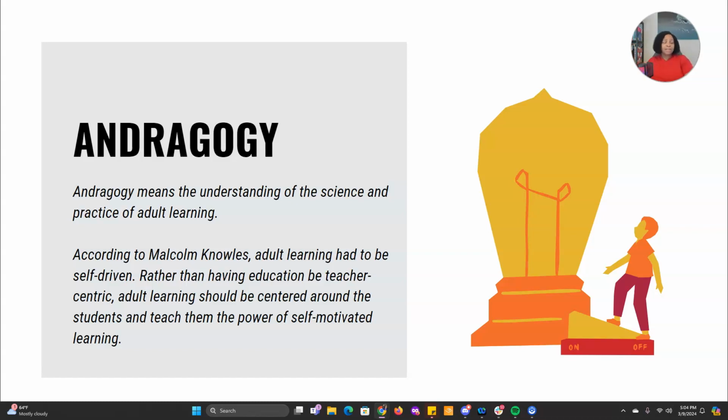Well, with andragogy, now we're dealing with adults, and so you have to allow room and space for them to drive their own learning. So that's really the shift from pedagogy to andragogy. You have to explain to adults why they are learning because they have to guide their learning process.